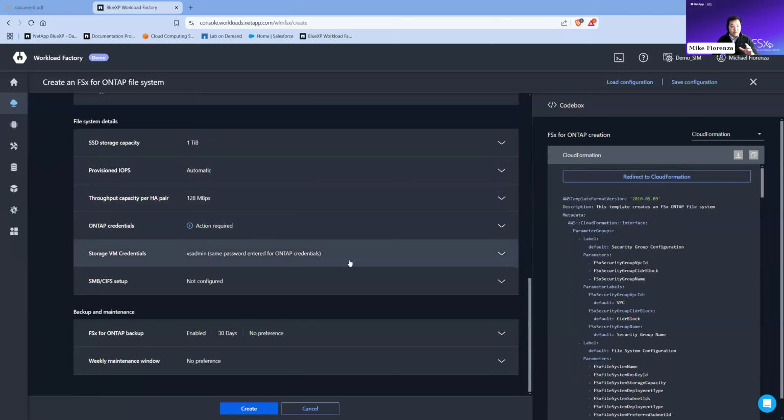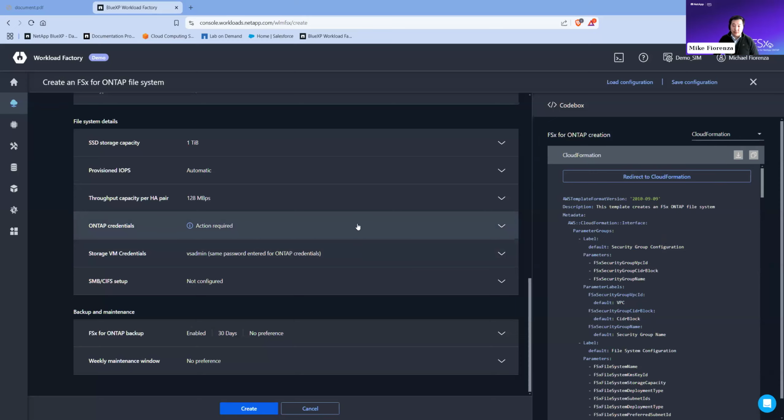Once you have your parameters set, you can download this. You can take a copy of it, paste it into your Notepad++, do your massaging, and you have this code that has been customized for you based on the parameters that you set. So now you can take that, give it to your cloud engineering teams, run it on your own, like I said, make additional changes, and then you have this templatized, programmatic, repeatable process for deploying these resources into your AWS account.